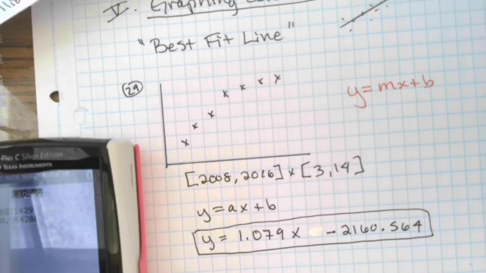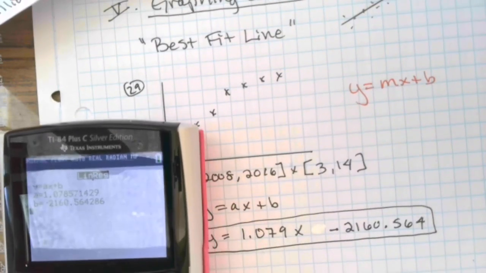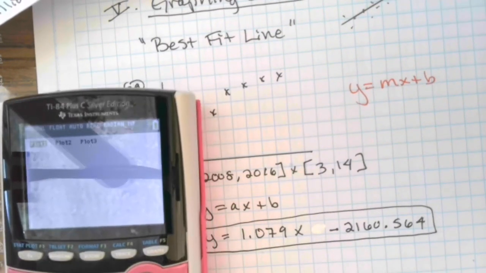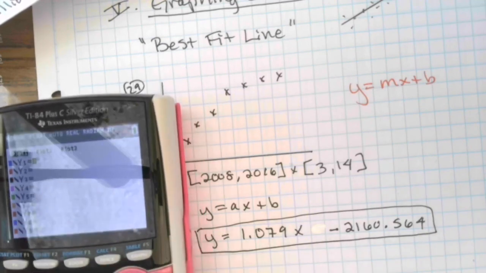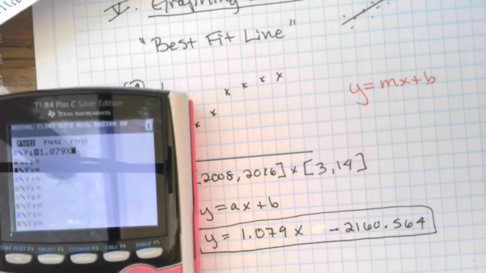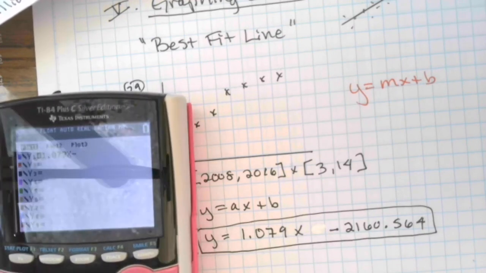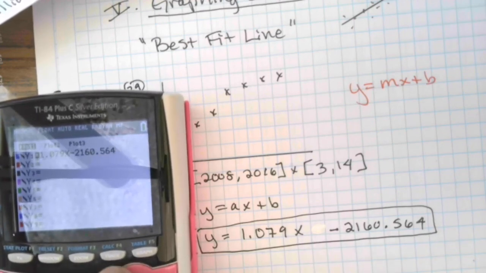Now, if we want to go ahead and make sure that this equation fits our data, we're going to graph it over the top of it. So go into your y equals menu, and you're going to input your line. Y equals 1.079x minus 2160.564, and then hit trace. And it's really cool. You get to see your line kind of going through the middle of the data.